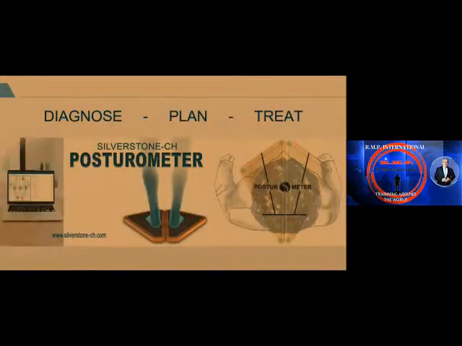If you measure, you can investigate that, and you can go directly to the focus of the problem. It's a very nice objective instrument. Obviously, the instrument is a device. You need the protocol, and we have a very intensive course to train people in this particular diagnosis and treatment.